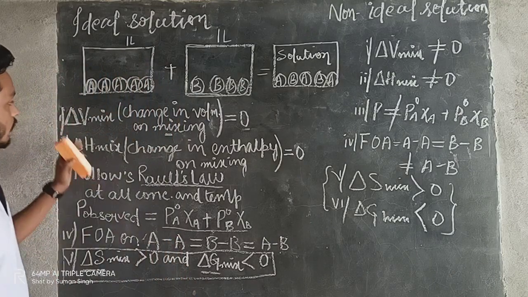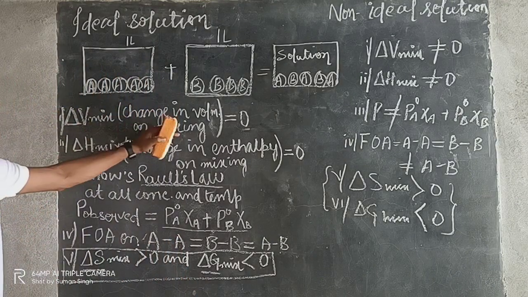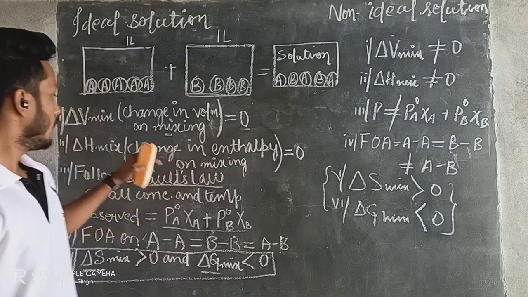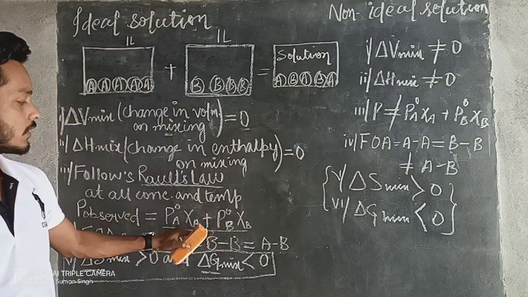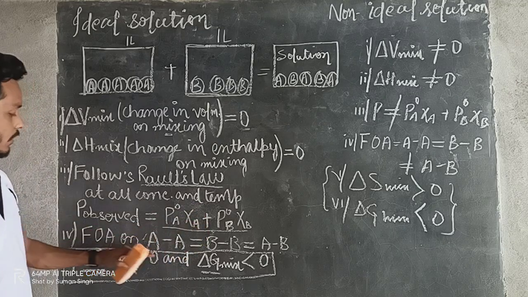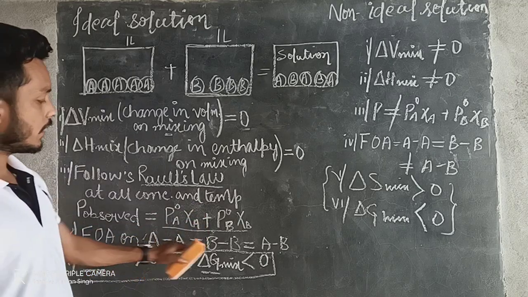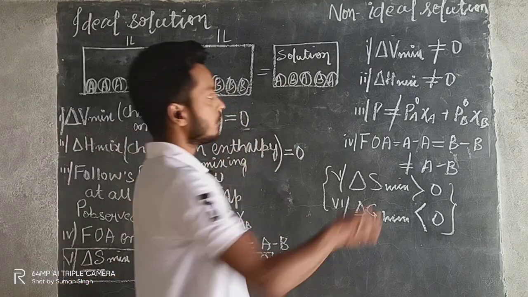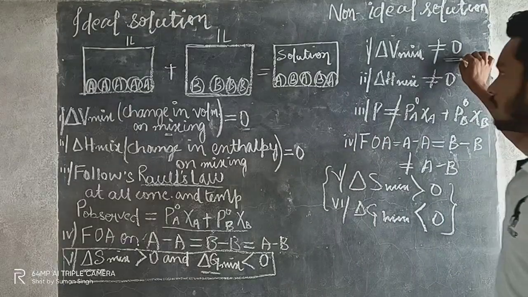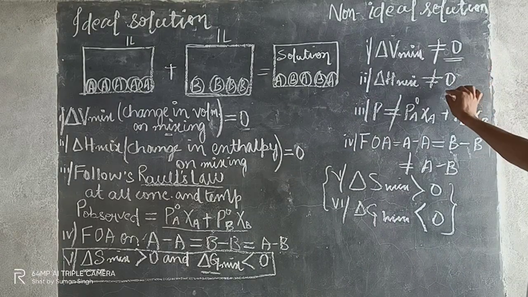Okay, so what we have seen: del V mixing, the change in volume on mixing, will be equal to 0. Change in enthalpy will be equal to 0. It will follow Raoult's law at all concentration and temperature, and the force of attraction of AA and BB will be equal to AB. Then it is an ideal solution. If del V mixing is not equal to 0, then it is a non-ideal solution. If del H mixing is not equal to 0, then it is a non-ideal solution.